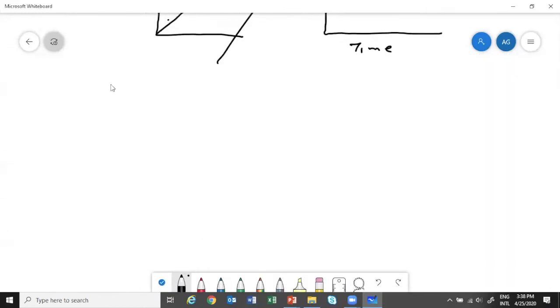Now we can derive the equation by the graphical method, v equal to u plus at. How can we derive it? Now we understand the graph.